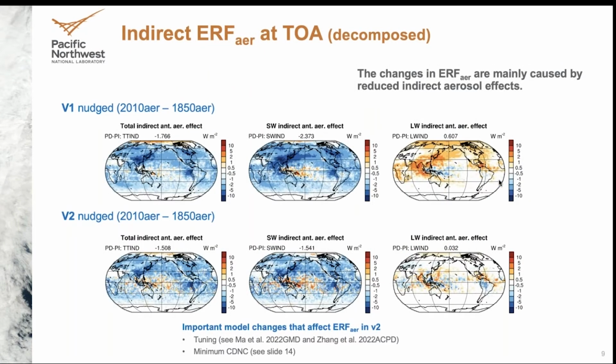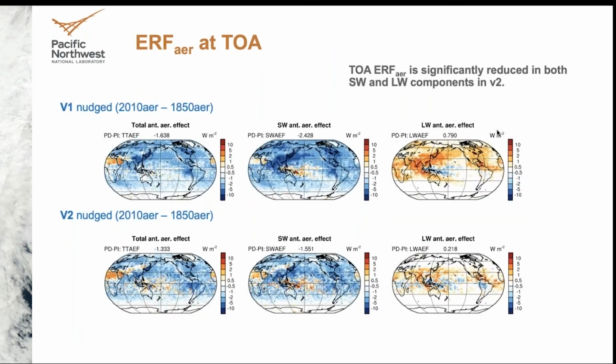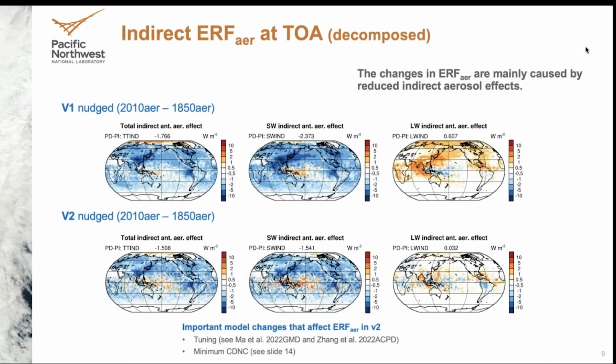Now I'm showing the indirect effective aerosol forcing at TOA. This is decomposed forcing based on Steve Ghan's method in his 2013 paper. If you compare the overall forcing here and here, you will see that the overall patterns are very similar, and the global mean numbers are also pretty close.